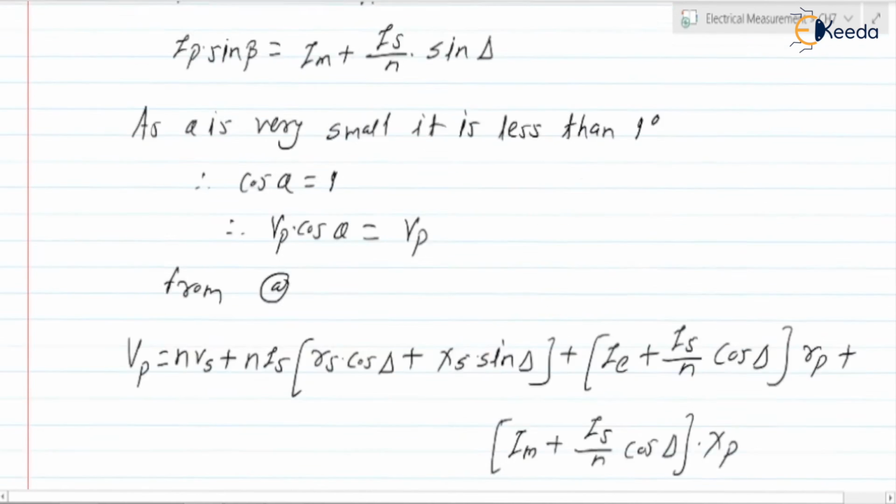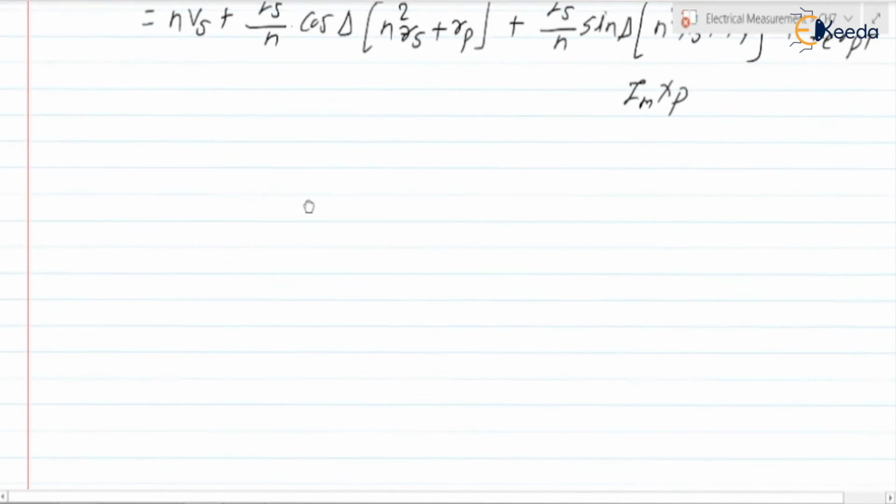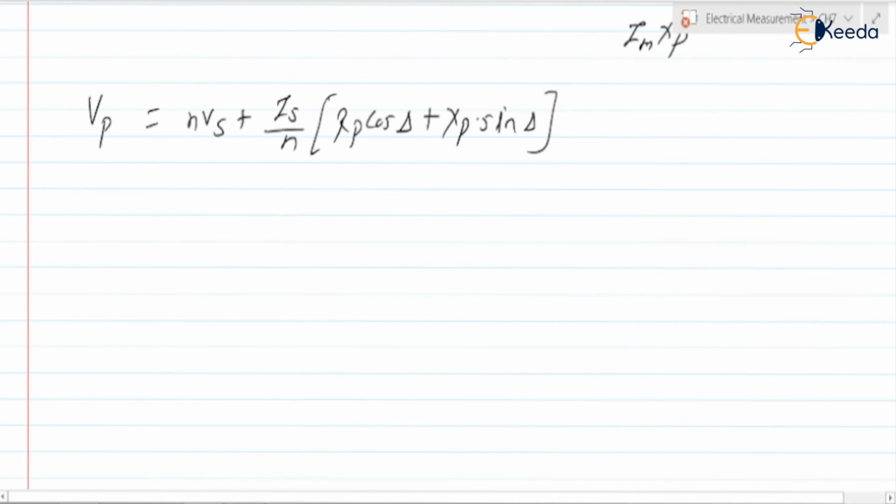Further simplifying, writing directly now, Vp is equal to n into Vs plus Is by n into (Rp cos delta plus Xp sin delta), plus Ie into Rp plus Im into Xp. Consider this as equation c.